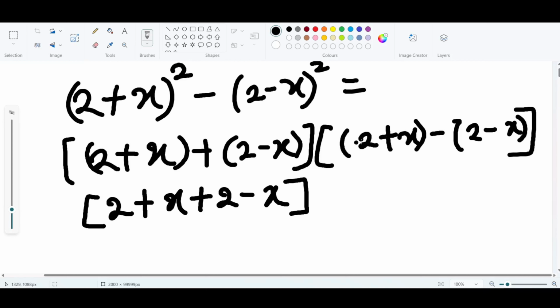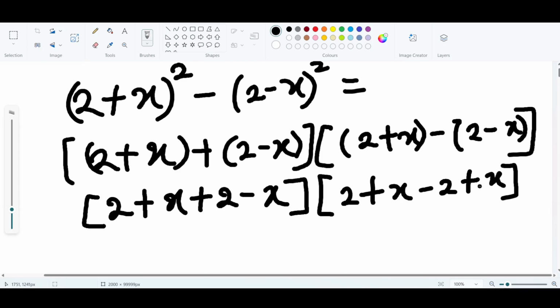So it's going to be 1 times 2, 1 times x, and minus 1 times 2, minus 1 times minus x, which will be plus x. So we have 2 plus x minus 2 plus x, because minus times minus is plus.